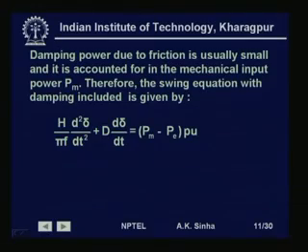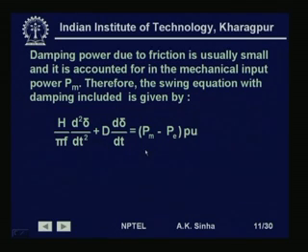So, when we talk about the mechanical input, we are talking about the net mechanical input, which has already taken care of the frictional power loss which takes place in the machine. So, with the damping, the swing equation we now have is like this.